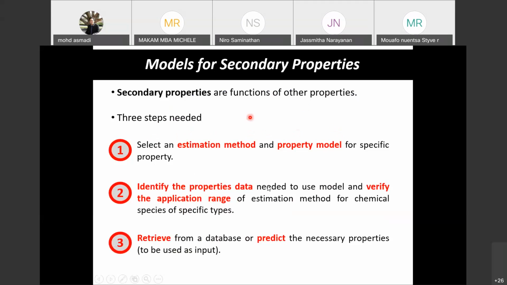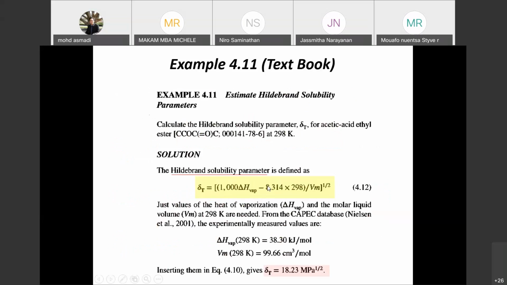So let's see the example. For example, estimate the Hildebrand solubility parameter. If you look here, the symbol is delta T for acetic acid ethyl ester. This one is from the SMILES notation.